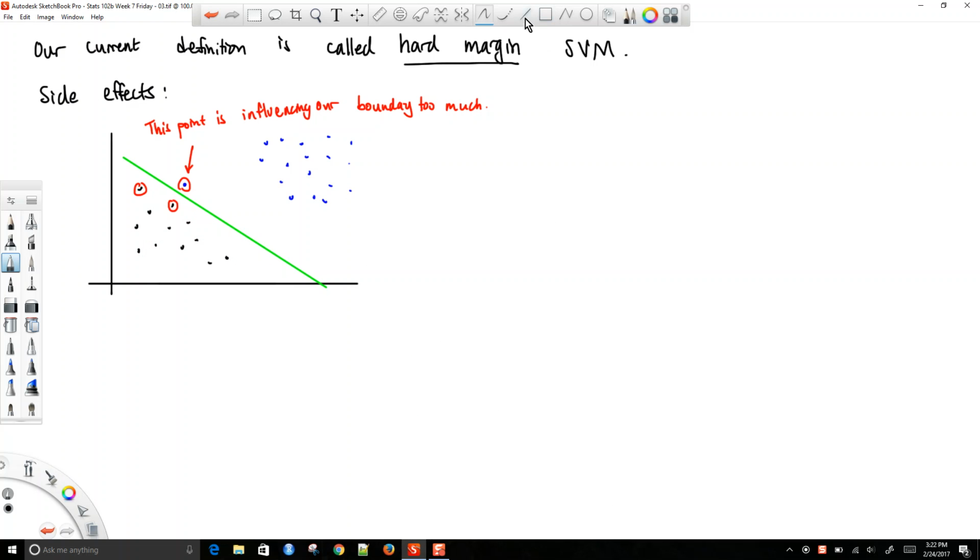So before, we defined the margin as the distance from the nearest point to the boundary. With a soft margin, we're going to just kind of multiply that.